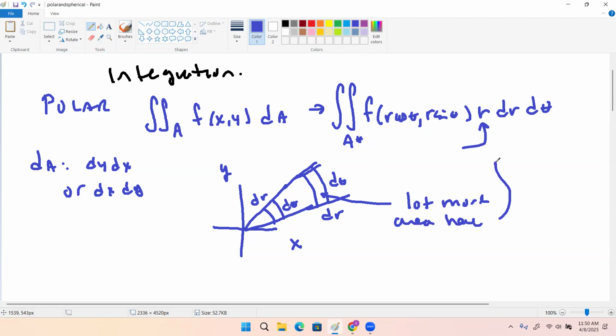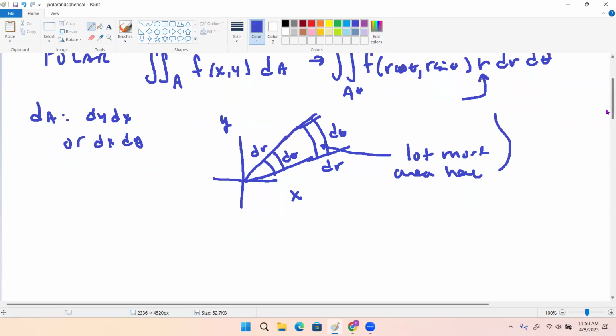And that's where that factor of r comes from, because it's really r times as big for the same dr d theta. And we talked about chopping this up into little things. And sometimes in class, I refer to this dr d theta as the area element.